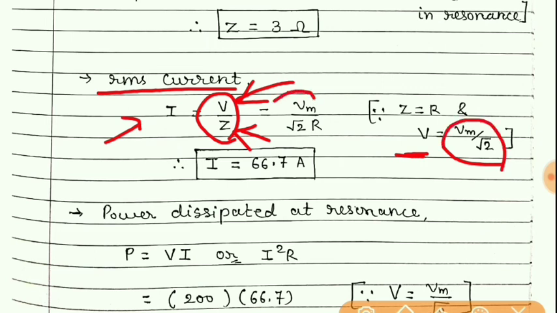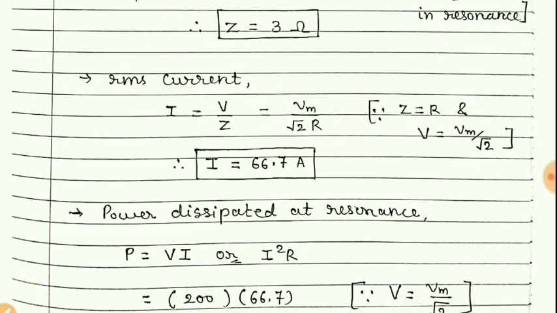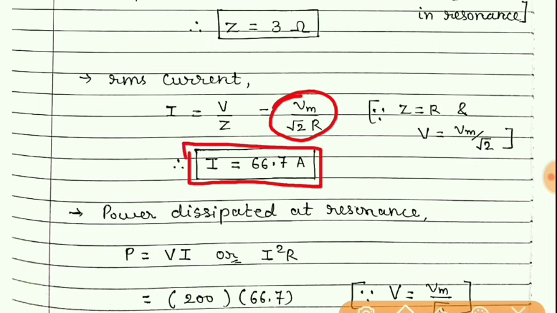So we have kept here Vm upon root 2, and Z is equal to R. Now just put these values which are given. We will get RMS current I is equal to 66.7 ampere.